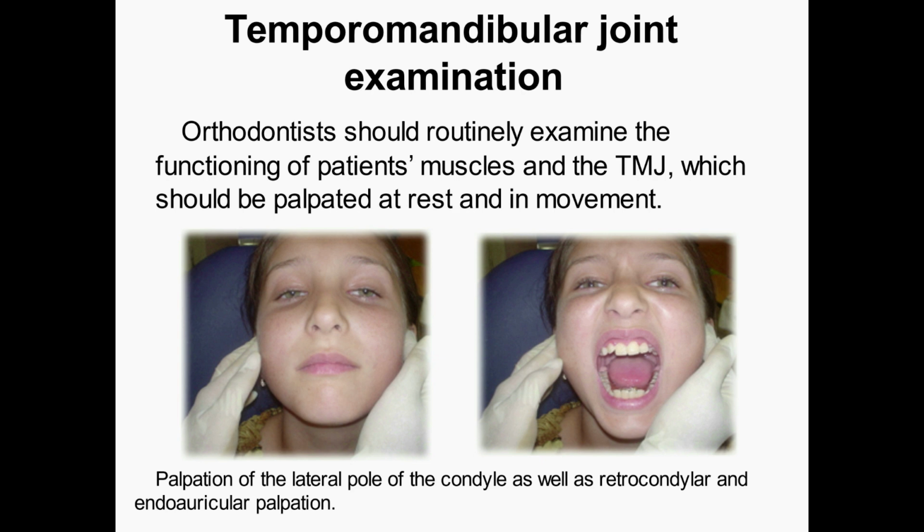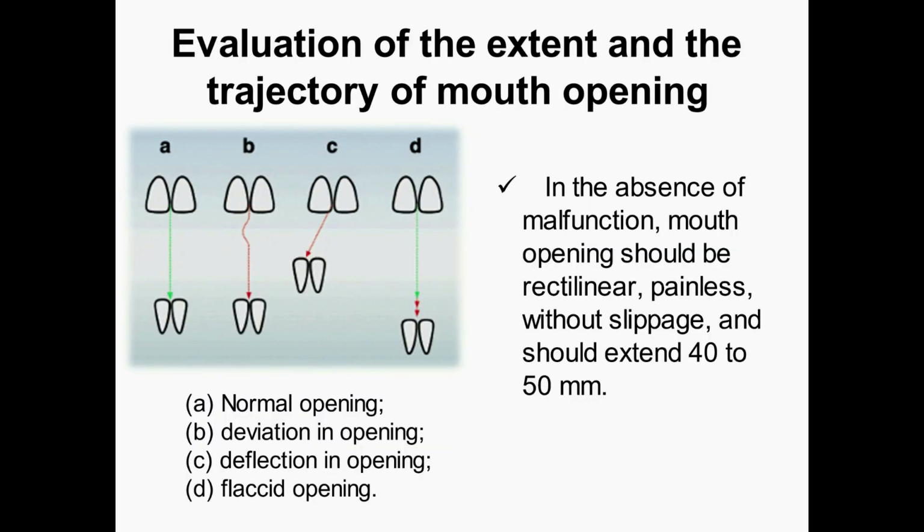Orthodontists should routinely examine the functioning of patients' muscles and the temporomandibular joint, which should be palpated at rest and in movement. In the absence of malfunction, mouth opening should be rectilinear, painless, without slippage, and should extend 40 to 50 millimeters.